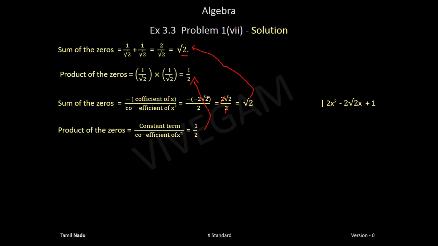So the sum and the product of the zeros are the same when calculated using the actual zero values, which means the zeros of the polynomial, 1 by root 2 and 1 by root 2, are right.